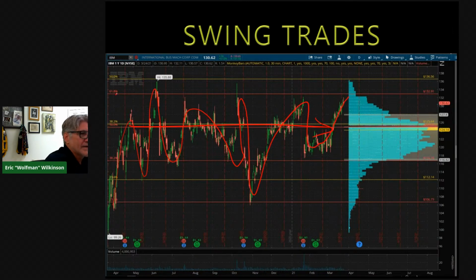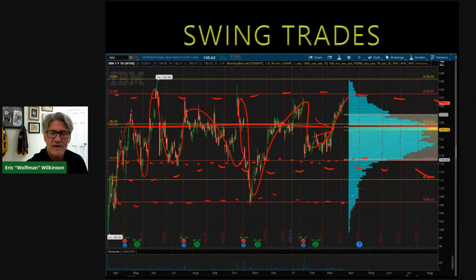So we can then find our resistance. I'm not even following those lines necessarily. Actually, I'd say that this would probably be for an aggressive trader, and maybe down here would be somebody who is a lower risk tolerant person. Okay.